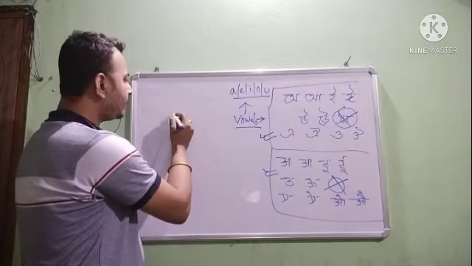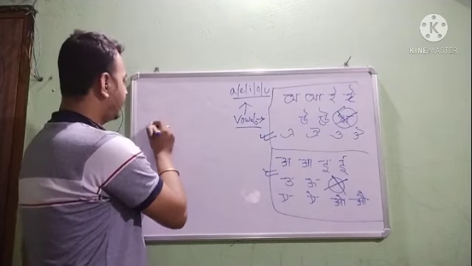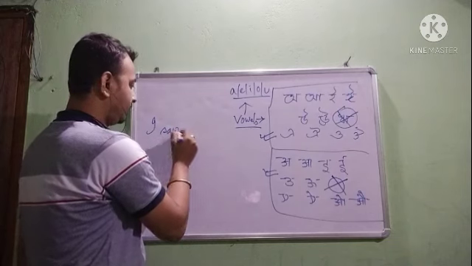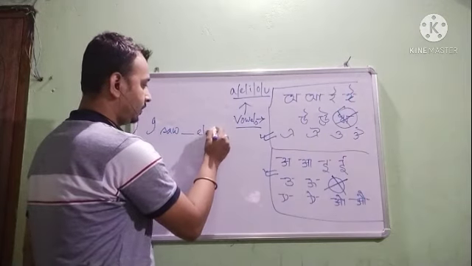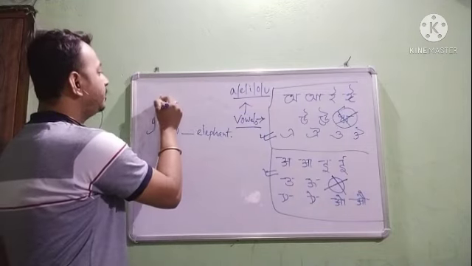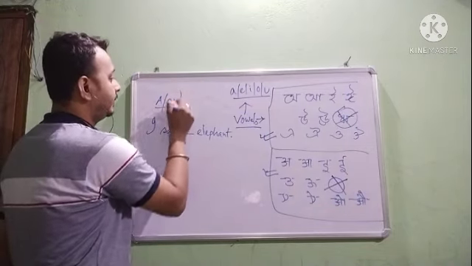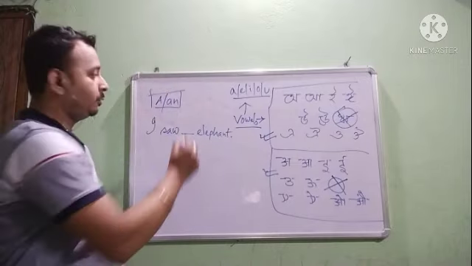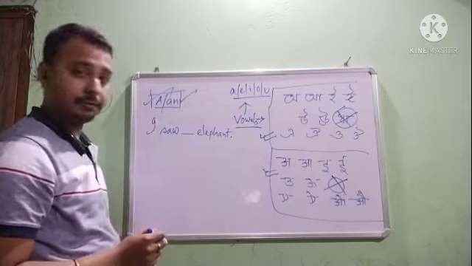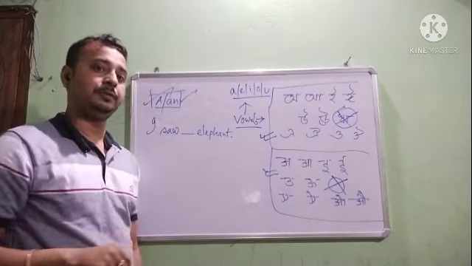I give one example. Suppose I have to use A or AN here in this sentence. So how can I use it? I will show you this one.